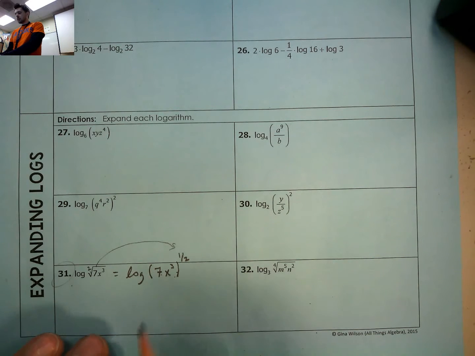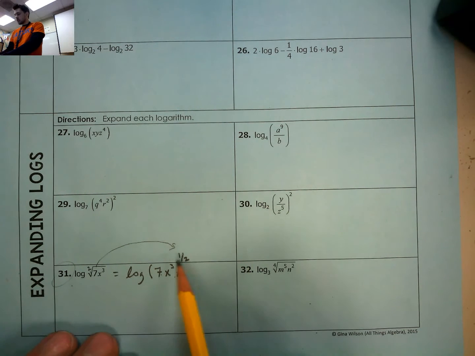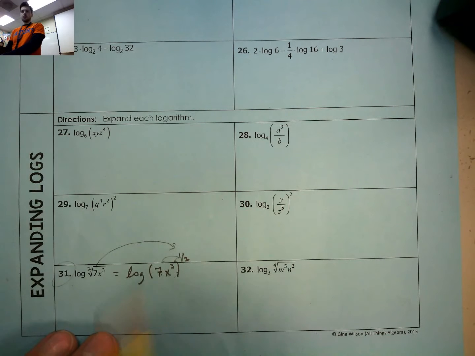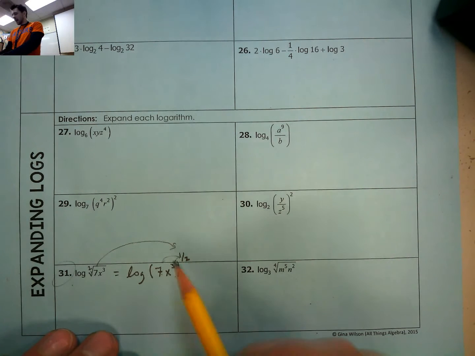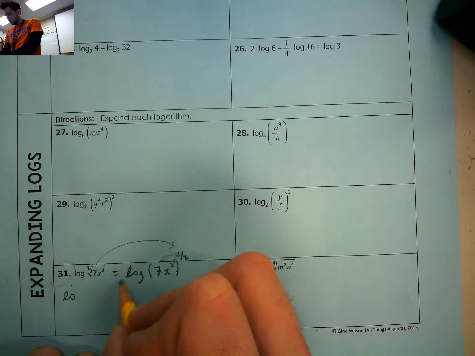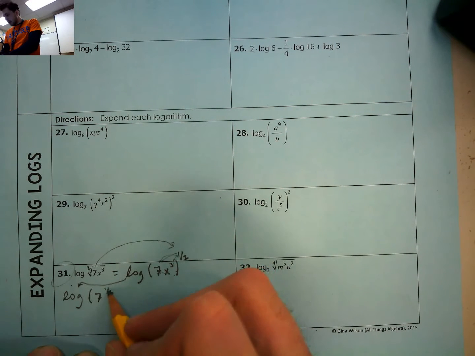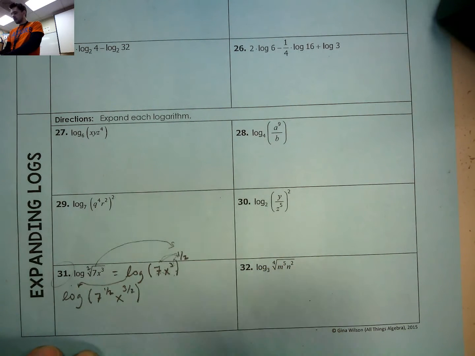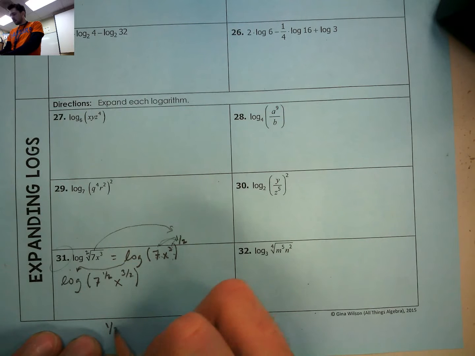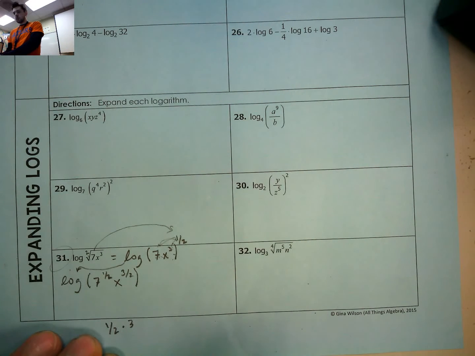All right. I think a good next step when expanding this is to distribute this square root, the 1/2, to each of those terms, each of those factors inside here. And so we would get, I'll come over here, log of 7 to the 1/2, x to the 3/2, because we do 1/2 times 3.